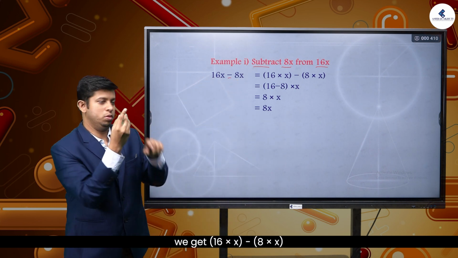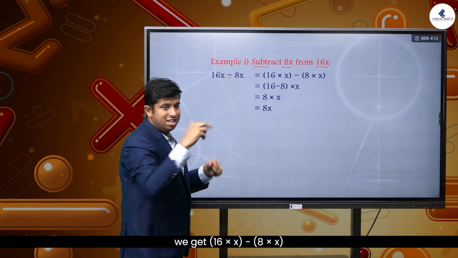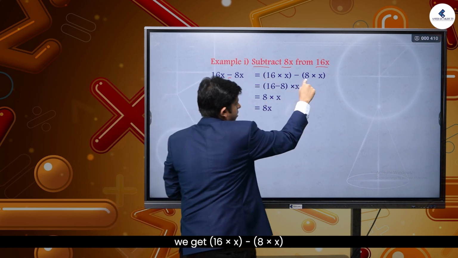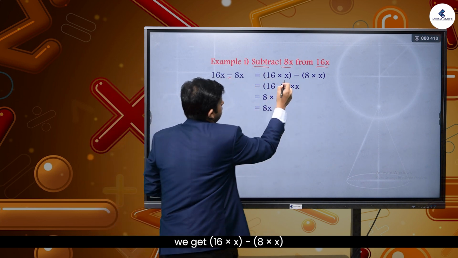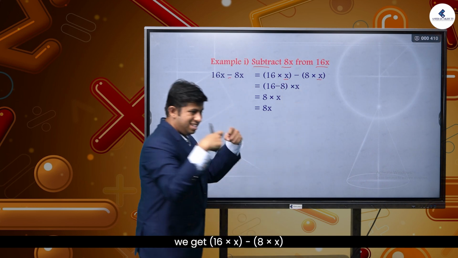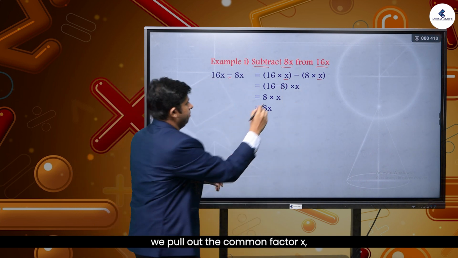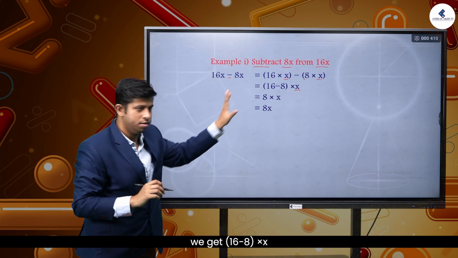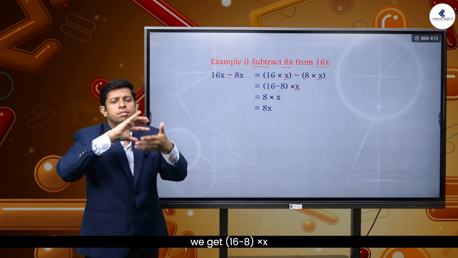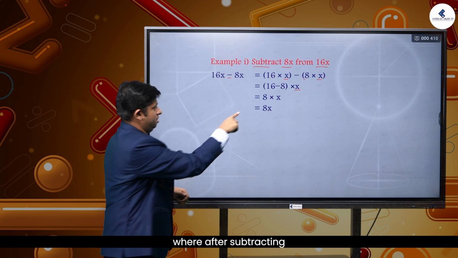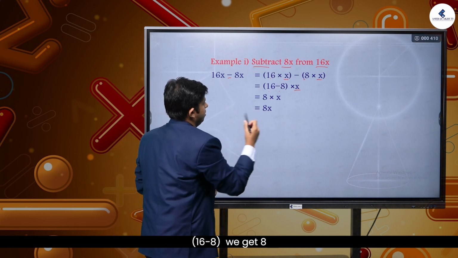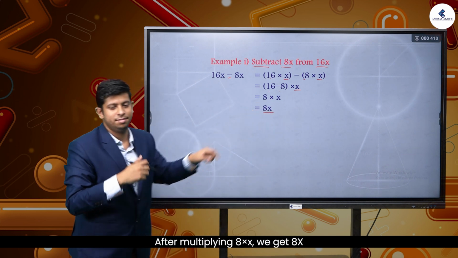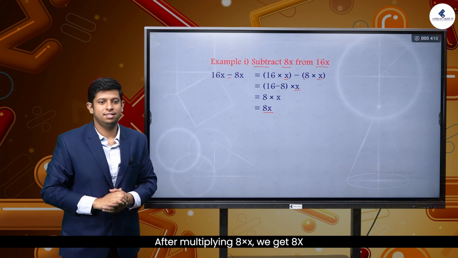Simplifying it, we get 16 into x minus 8 into x. We pull out the common factor x, we get (16 minus 8) into x, where after subtracting 16 minus 8 we get 8. After multiplying 8 into x we get 8x.